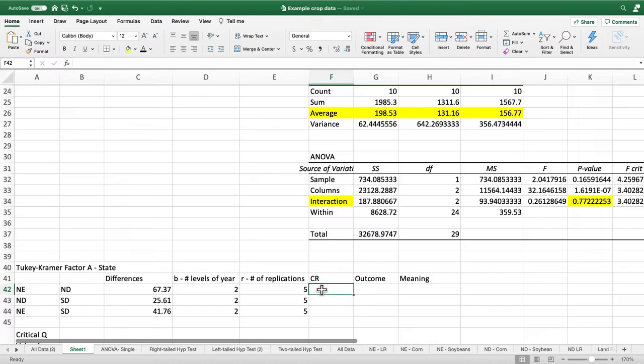So now we've got our critical range, and to find your critical range, we are using the formula on page 543.